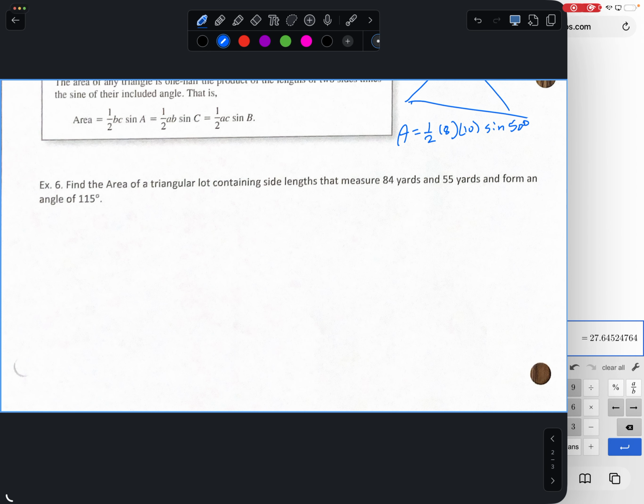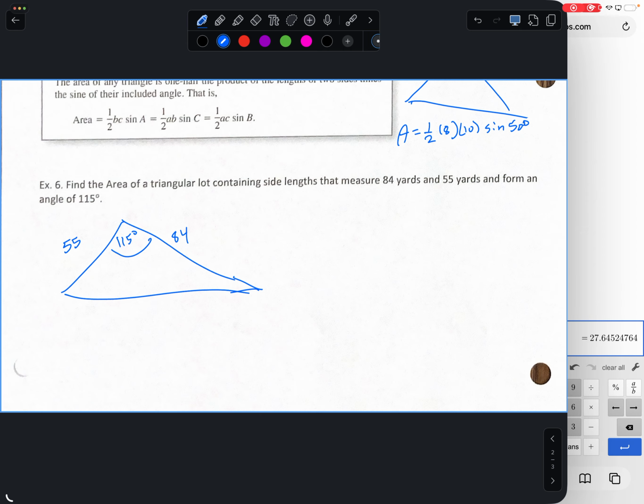Find the area of a triangular lot containing side lengths that measure 84 and 55, and form an angle of 115 degrees. I don't worry too much about which side is which.